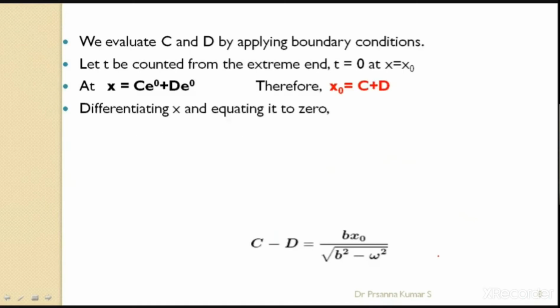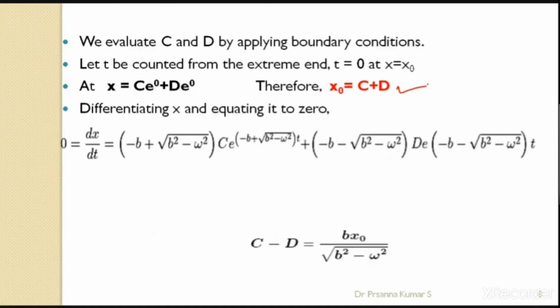We have seen that applying the boundary condition, we got C plus D equal to X naught, and if you differentiate X with respect to time T and put T equal to 0, this is the expression. So what is that X? We know that X is equal to C times e to the power of something, isn't it?